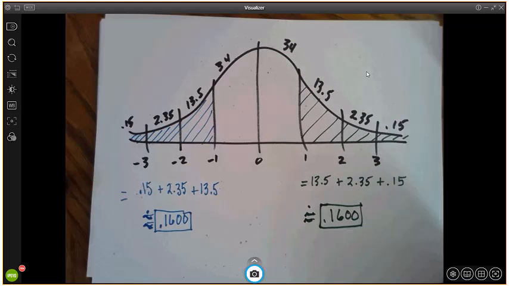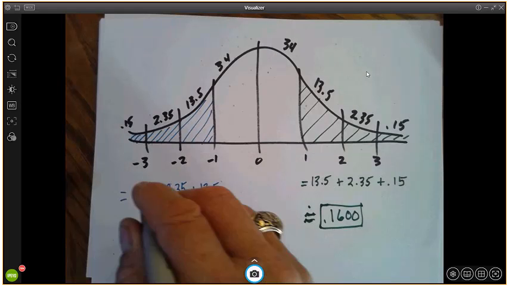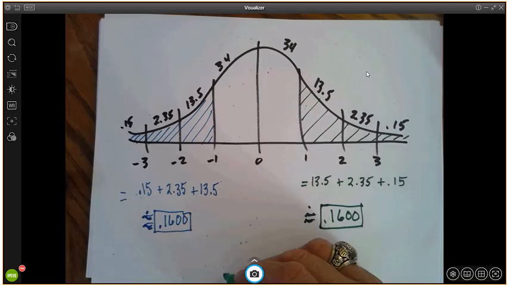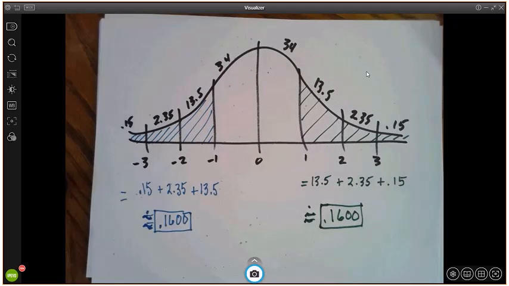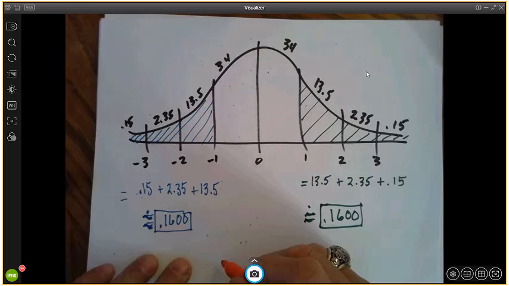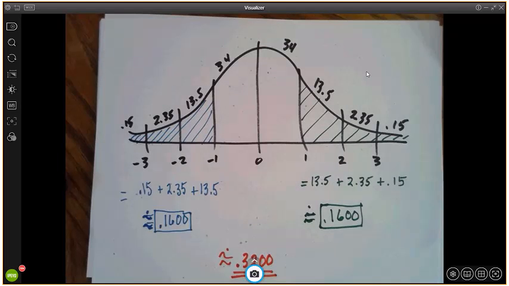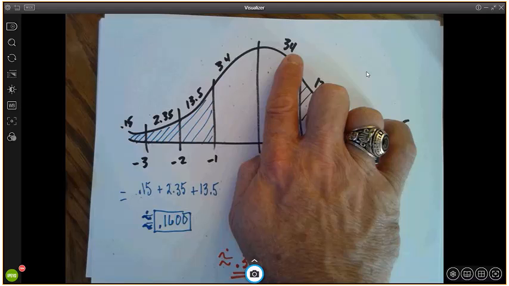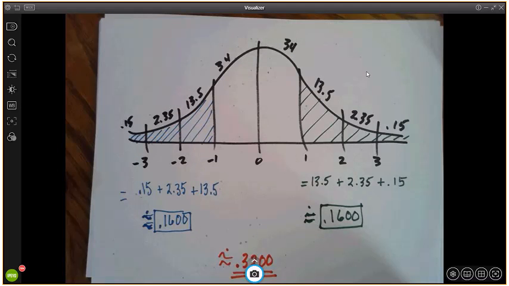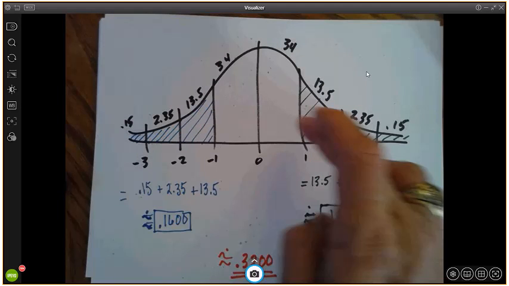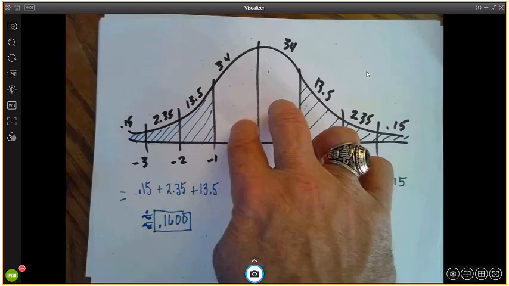So the area to the left and the area to the right would be around 0.32. And I'll do that in orange. That's approximately, by the empirical rule, 0.3200 altogether. And what does that leave in the middle? Well, that leaves 68 because 34 plus 34 is 68. So the complement of the left tail and the right tail is the center, which would be 68.